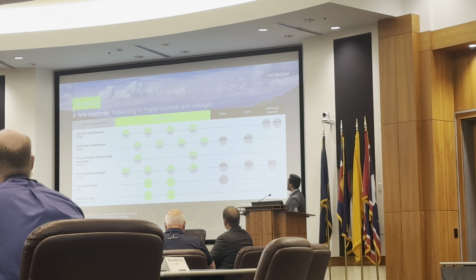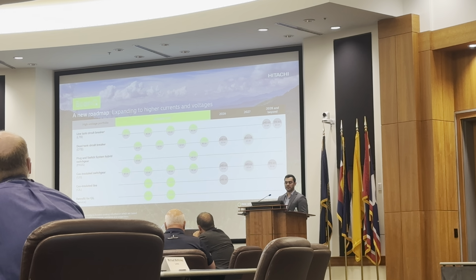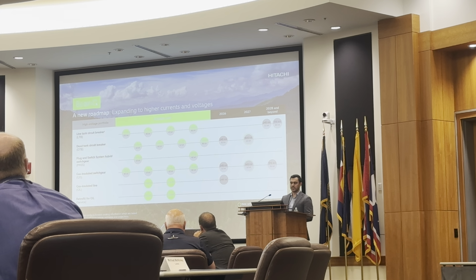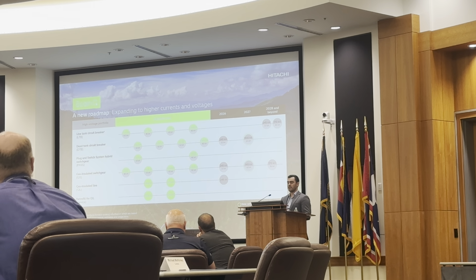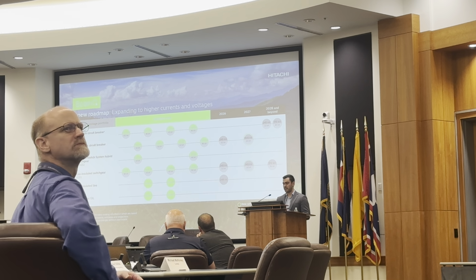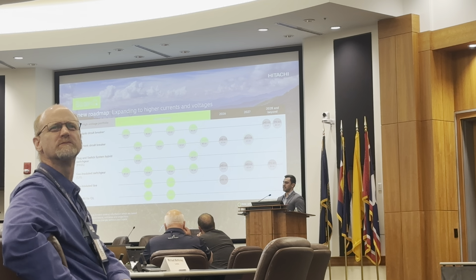So far for the GIS, we've been able to reach 145 kV 40K, 420 kV 63K, 550 kV 63K, as well as 420 kV 80K, which is readily available in today's market. In the future, we are looking to release by next year the 245 kV 63K, the 145 kV 63K by 2027, and the 170 kV 50K by 2028.